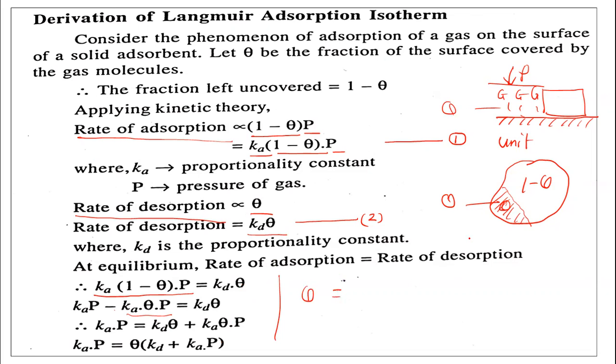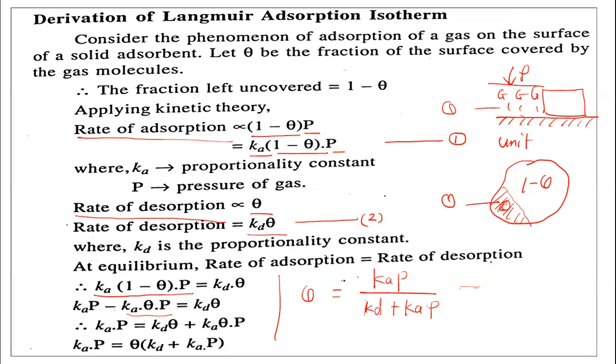Theta is the surface area covered by the gaseous molecule. So theta is equal to Ka into P divided by Kd plus Ka into P. Suppose this is equation 3.